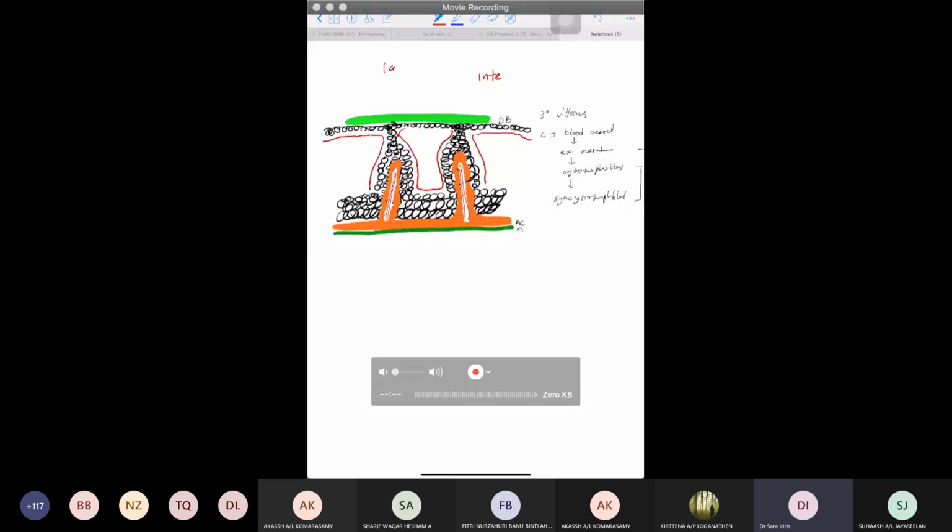Okay, the lacuna system will become bigger, and it will combine with other lacuna until it just becomes a space between all the villus, so intervillus spaces.